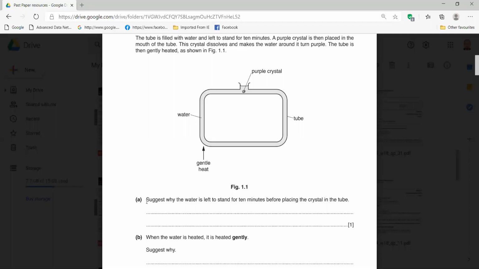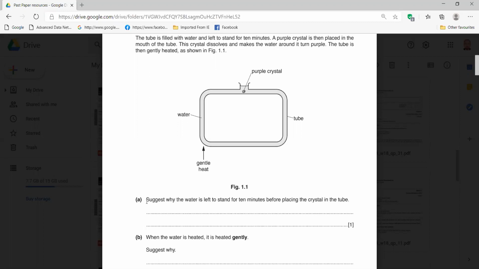It will dissolve anyway, and we know that. But our target is to observe convection. If there is any shaking in the water molecules, it will not show our observation perfectly, right?